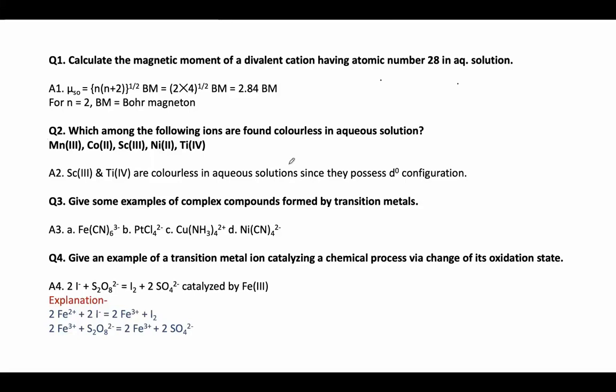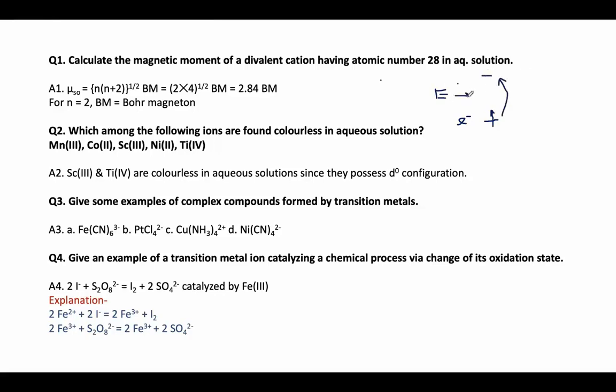Now, how does this color actually generate in the case of transition metals? What happens when there is an electron in the d orbital? Suppose there is an electron in the d orbital here. Now, when we give some external energy, it is excited to an upper energy level.